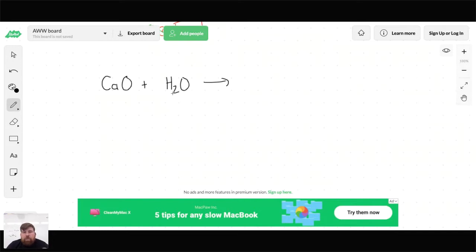Now, it's kind of weird because water is a molecule, so there aren't technically charged species within them. But there is a good rule for water. When you're trying to determine the products of a chemical reaction with water, it usually can be separated into hydrogen gas and hydroxide. So H plus and OH minus.